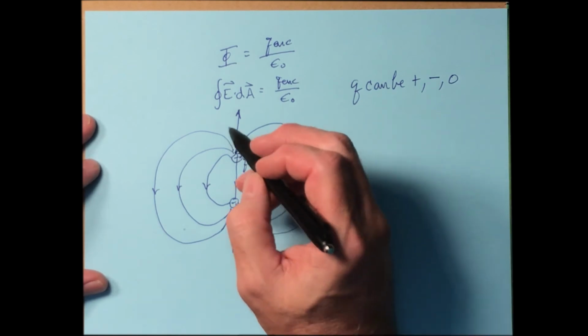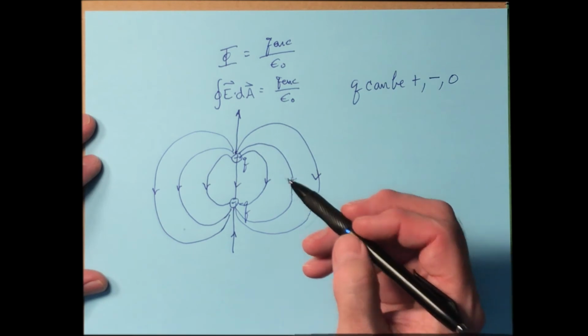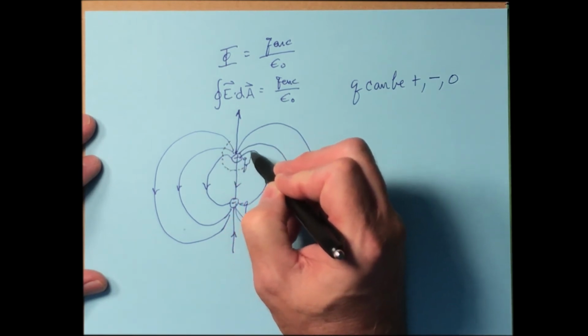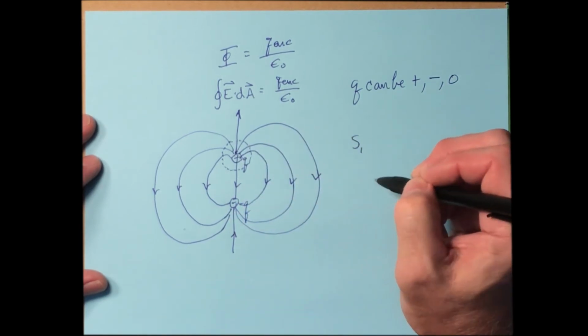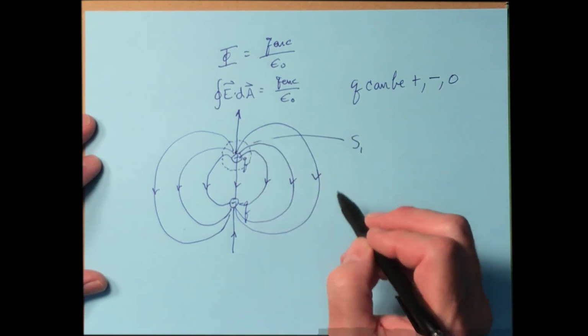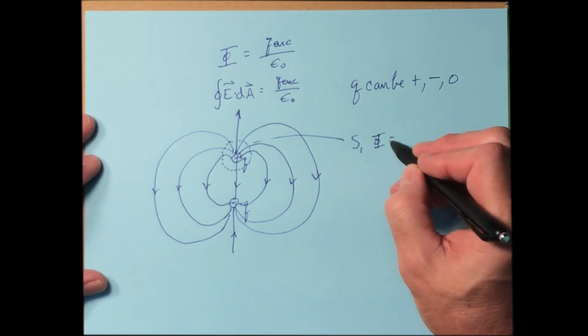Let's say that I imagine a Gaussian surface as a sphere, and that sphere surrounds this charge up here. Surface 1 is what I'm going to call that. The flux is what?